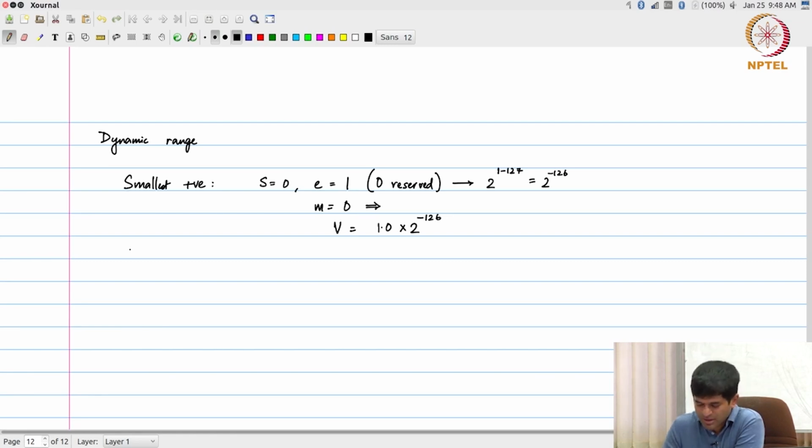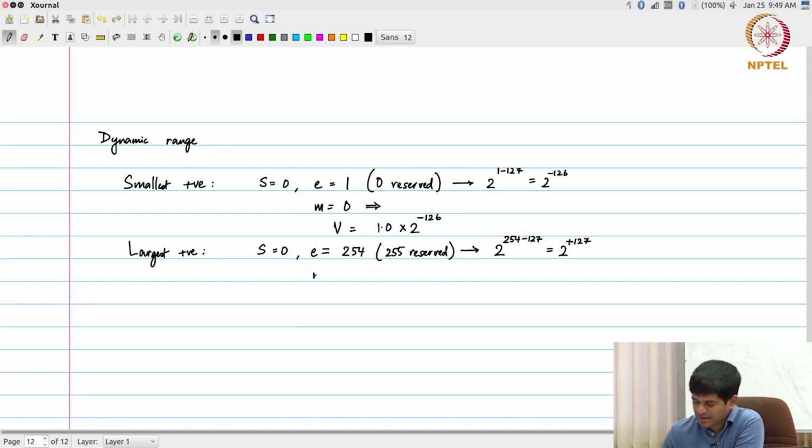Okay. What is the largest positive value? Again s is equal to 0, this is the sign bit. E in this case should be 255, but once again 255 is reserved, so I will say 254 is permitted, which basically corresponds to 2 power 254 minus 127, equal to 2 power plus 127.